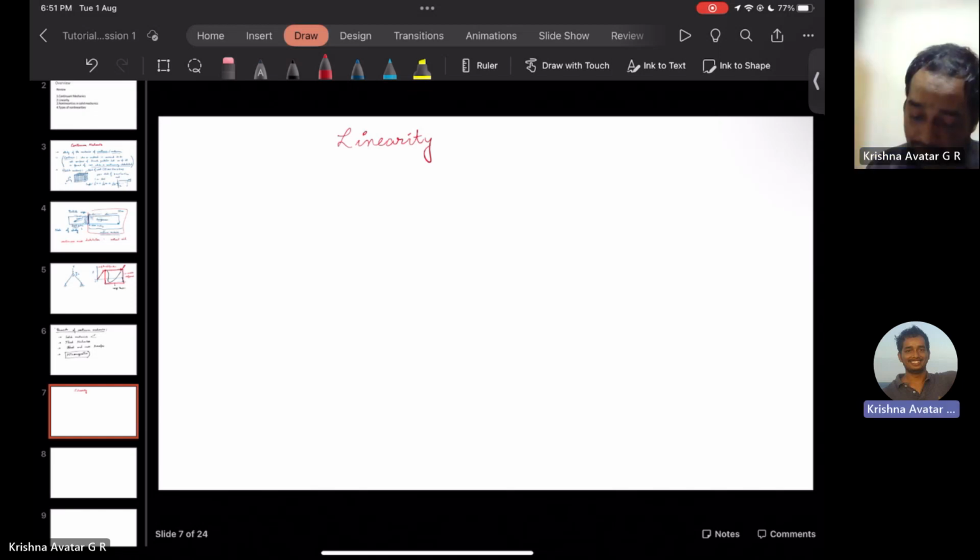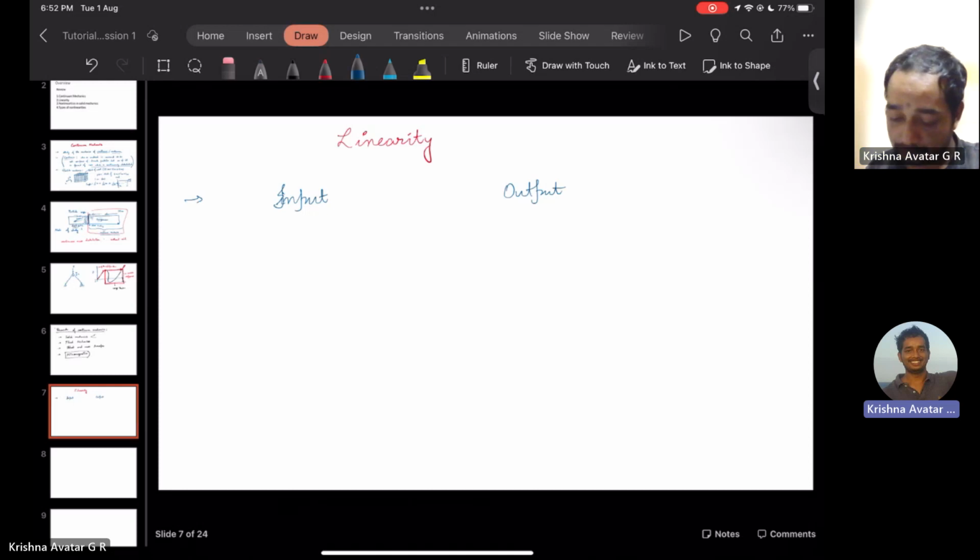The most fundamental definition is that the concept of linearity has to do with the relationship between input and output.